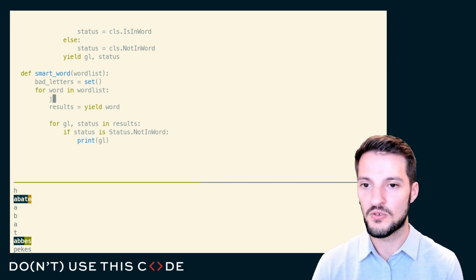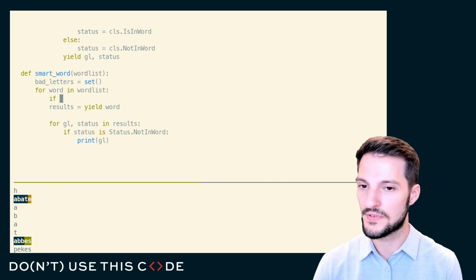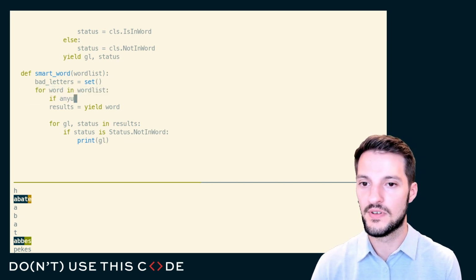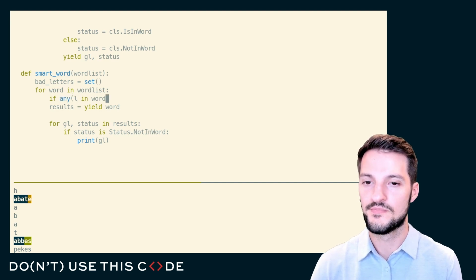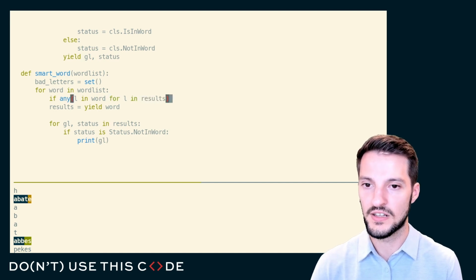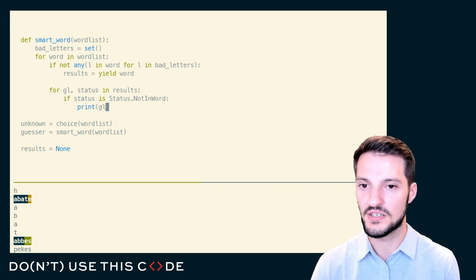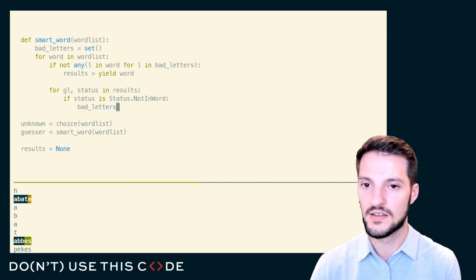The first thing that I'll want to filter on is if any letter in my current word, since I'm iterating through all of them, for L in bad letters, then I want to skip that result, and I can do that just by putting that in here. And I need to actually append all these bad letters. Since it's a set, we go ahead and add it in like that.